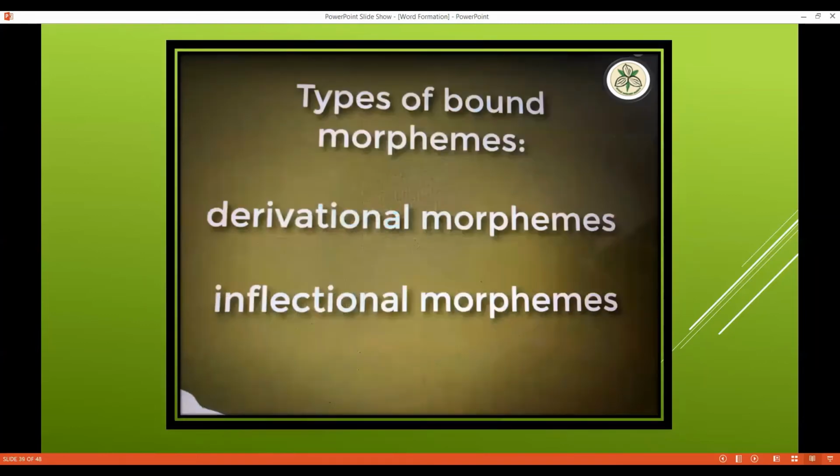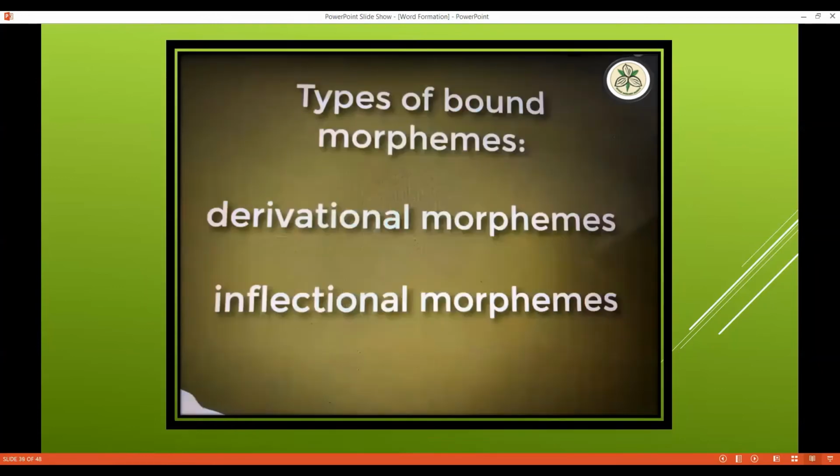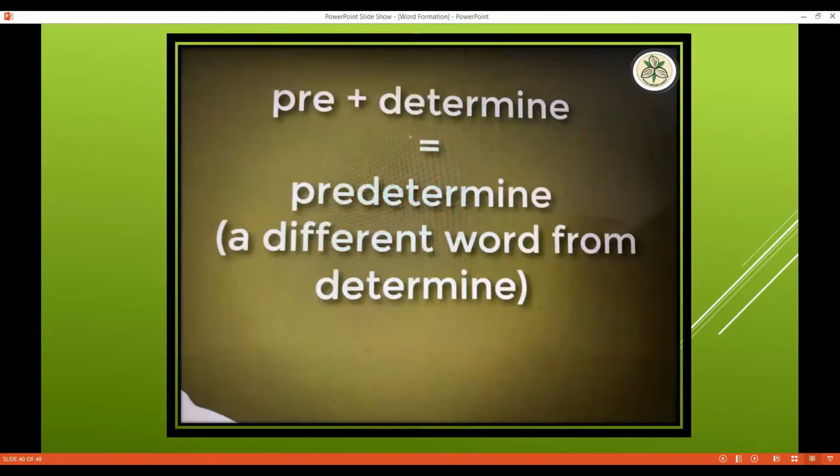If we consider these affixes, which are prefixes, and the adjunctive er and full that are suffixes, they do some interesting things that tell us they are derivational morphemes in English. If we take pre, for example, and add it to the word determine, we get predetermined, which is a new word that would have its own dictionary entry and meaning separate from that of determine.